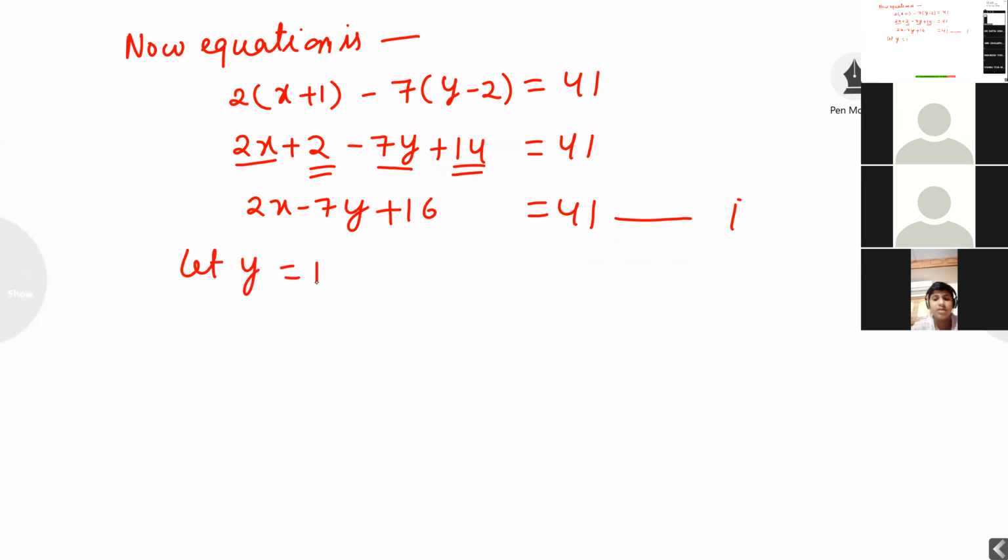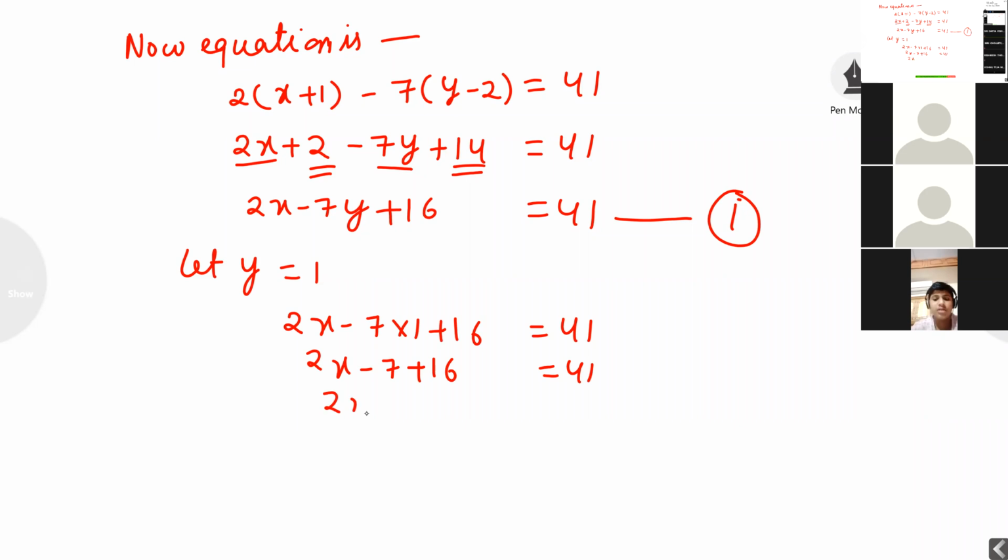In the place of y I will substitute 1. Then 2x minus 7 into 1 plus 16 is equal to 41. Now 2x minus 7 plus 16 is equal to 41. 2x plus 9 is equal to 41.